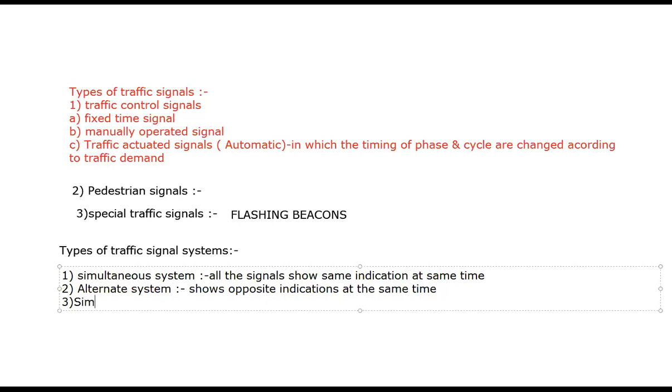The third type of traffic signal system is a simple progressive system.